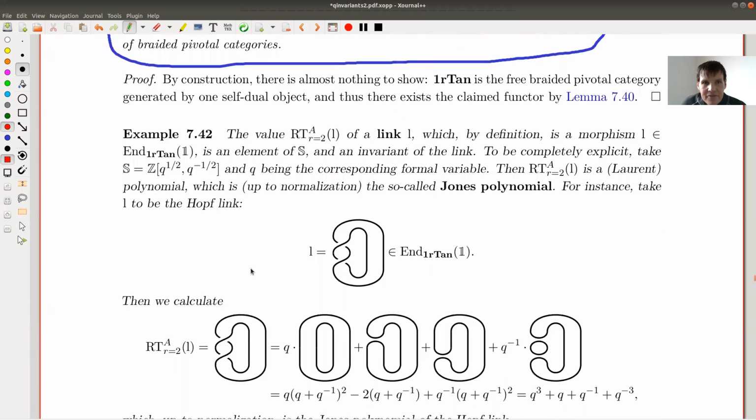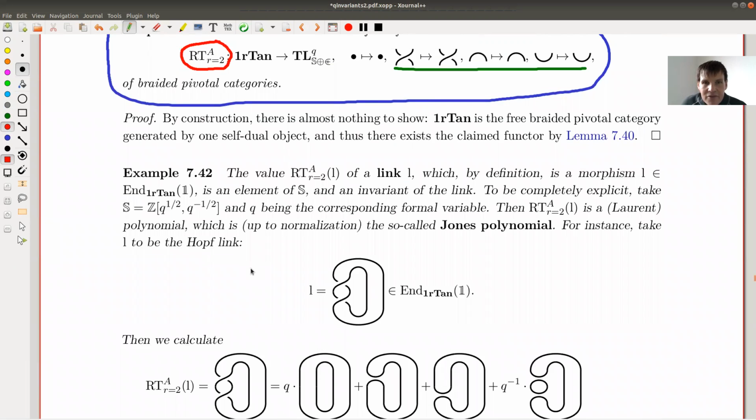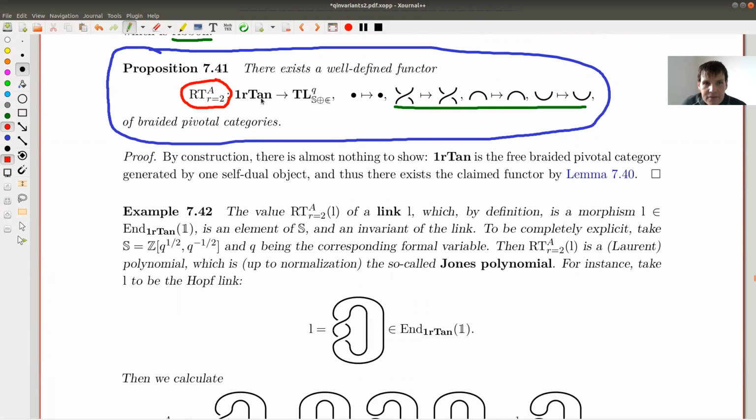So the value of a link, here you have links, L, for example, is just, well, what do you think it is? An element from the monoidal unit to the monoidal unit.